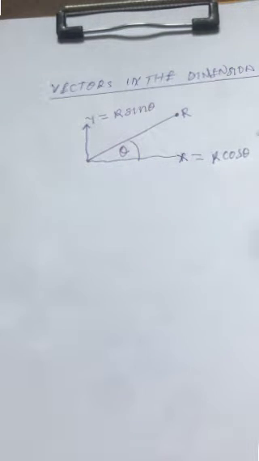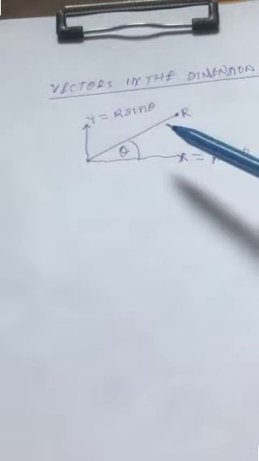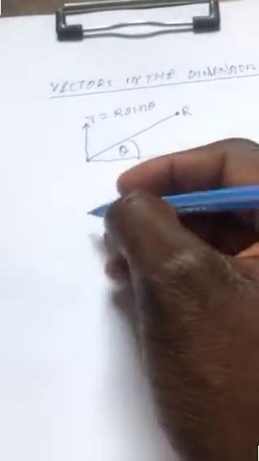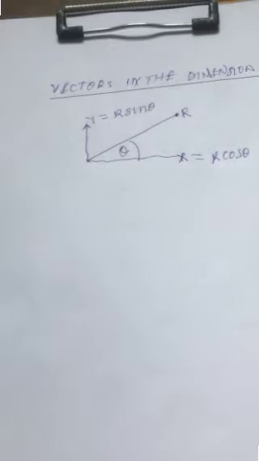Then how do we find the direction as well as the magnitude, how do we resolve this into its components? We normally use what we call the analytical method to find the direction as well as the magnitude of given vectors.